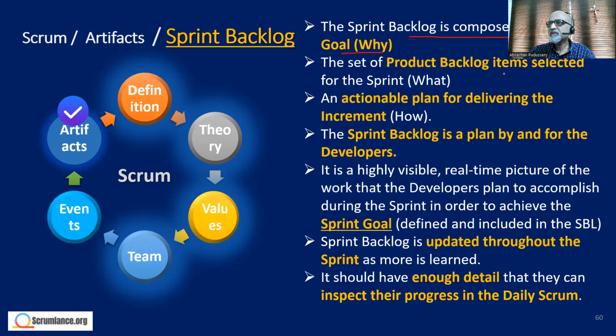At the end of the sprint, what is it that we are trying to accomplish? It is a set of product backlog items for the sprint. So in reality, the product owner prioritizes the features and says, in this particular sprint, these are the things I want. So the product backlog is a list of prioritized items.